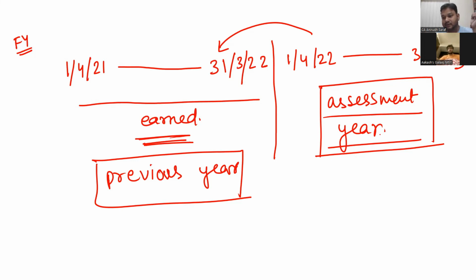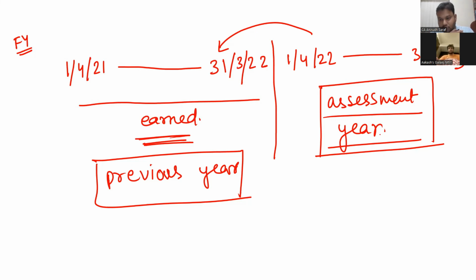Current year, there is no such thing as current year in income tax. Again, I'm telling you, if you have to study any law, if you have to study income tax, you have to understand it in terms of definitions. Definitions are the most important thing in a law. So assessment year happens after the financial year.